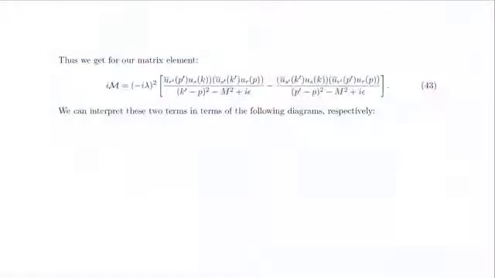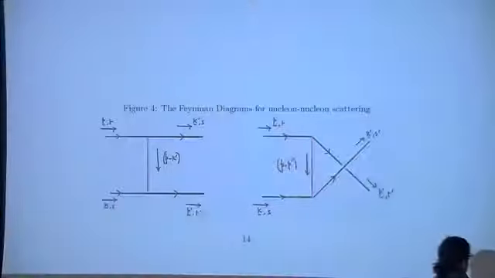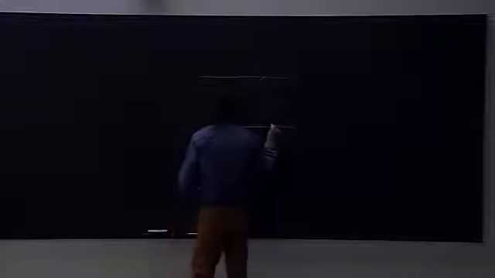And this is my diagram. I'm going to draw the diagrams on the sideboard there. For the fermion, I've used a solid line, and for the meson, I've used an orange line, which here I'm using dash.